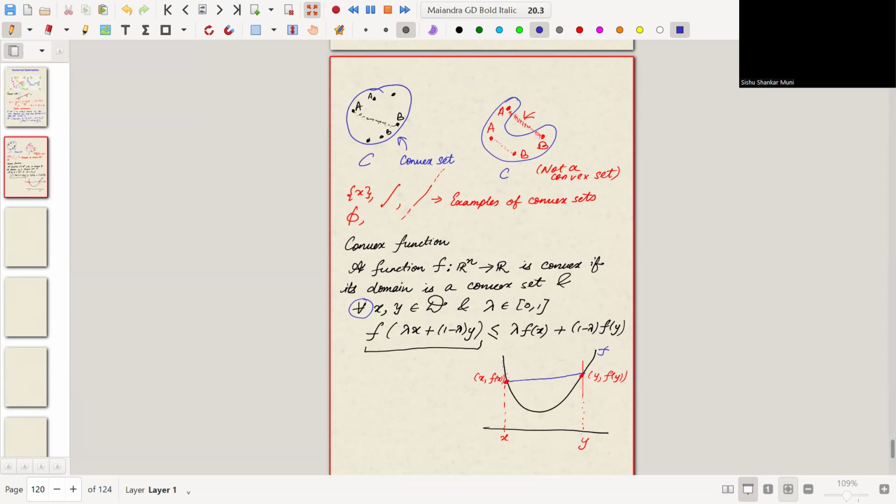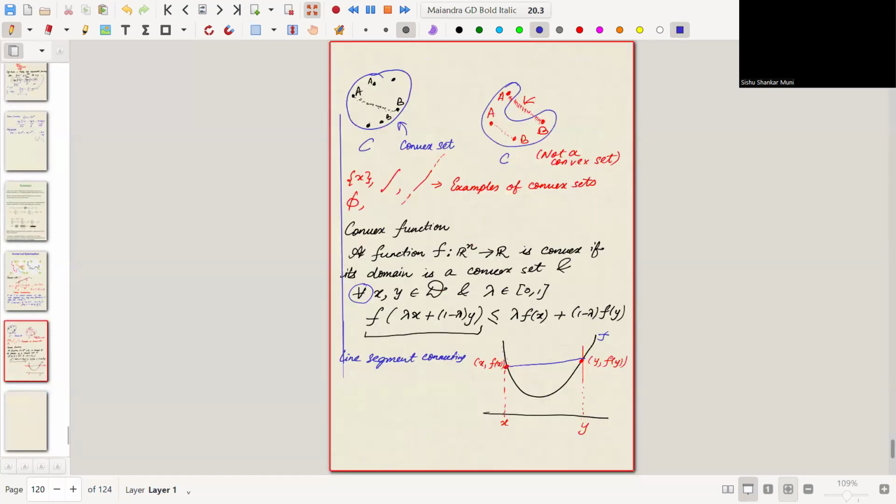So the line segment connecting (x, f(x)) and (y, f(y)) lies above the graph of f.